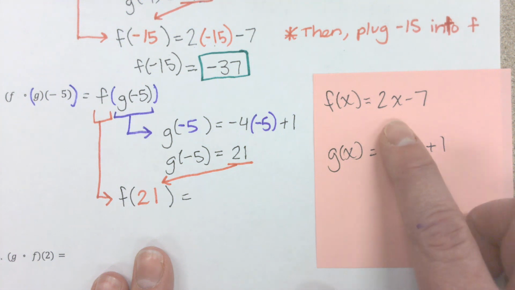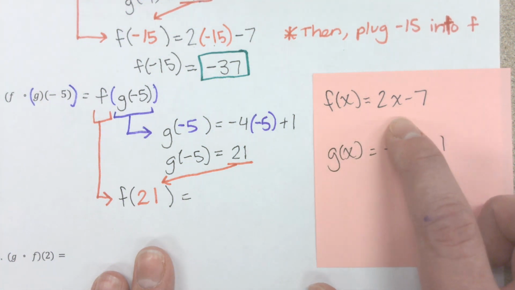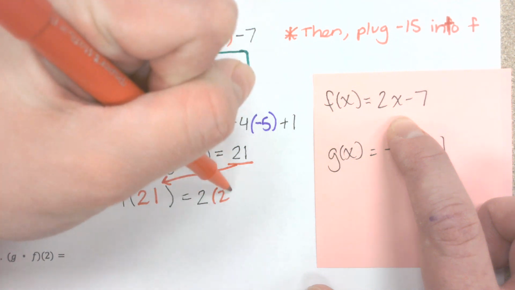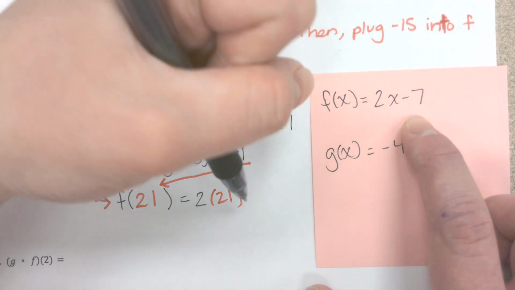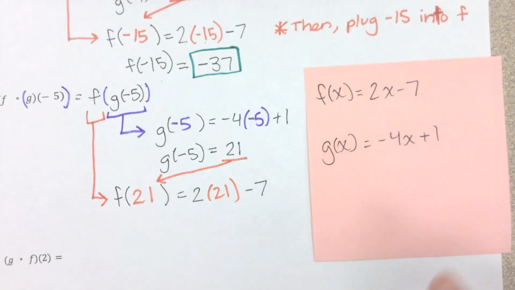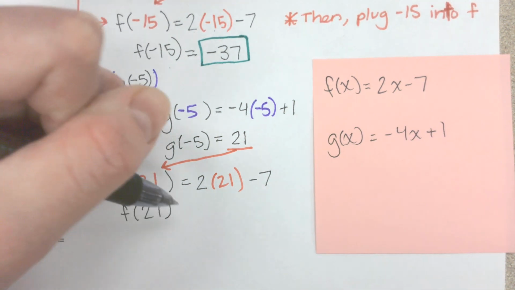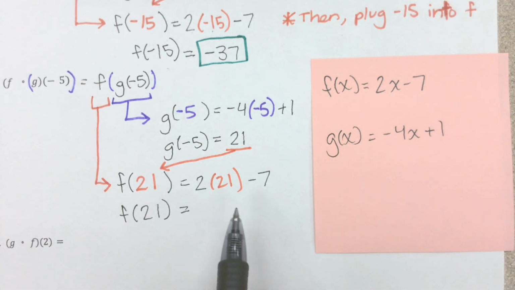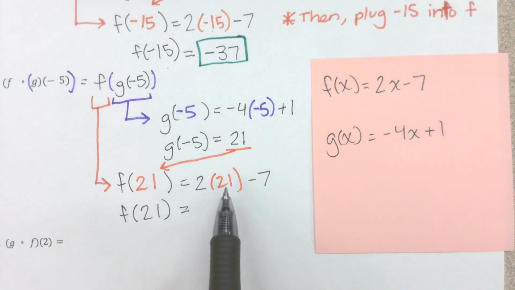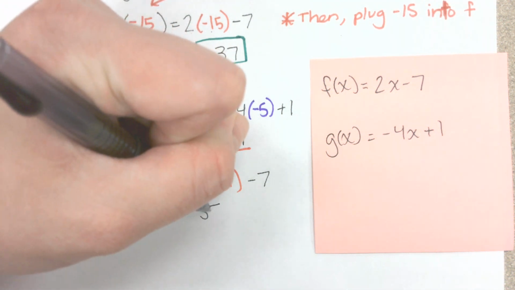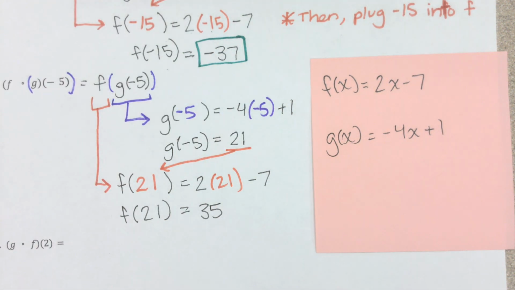So top equation here, I'm going to put a 21 into the x. We have 2 times 21 minus 7. Again, calculator in your head is fine. 2 times 21, that's 42 minus 7, that's 35. We have our answer.